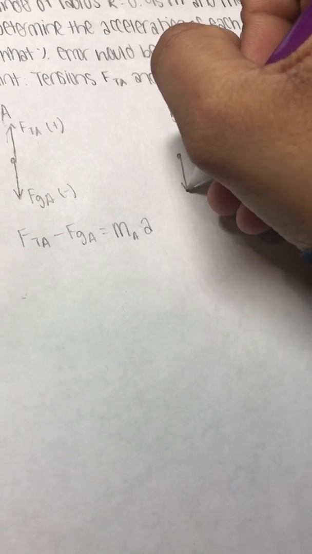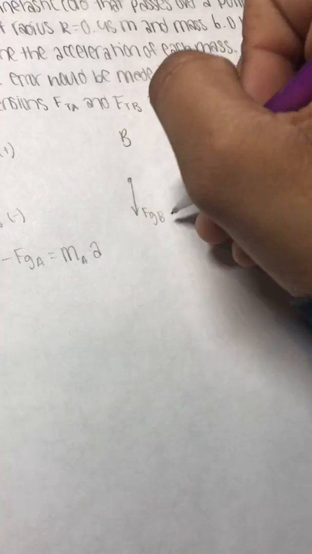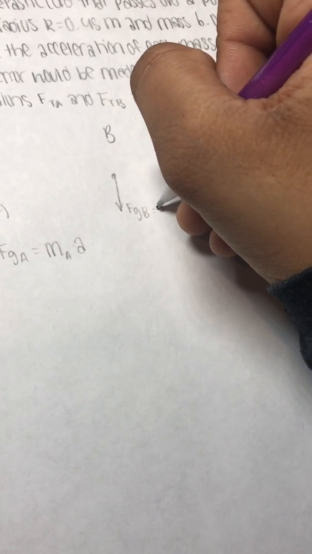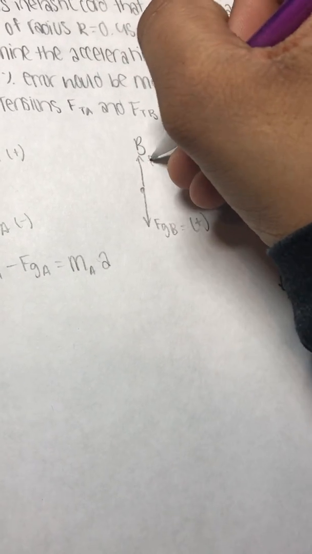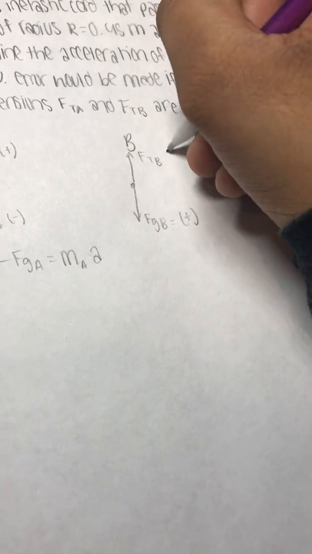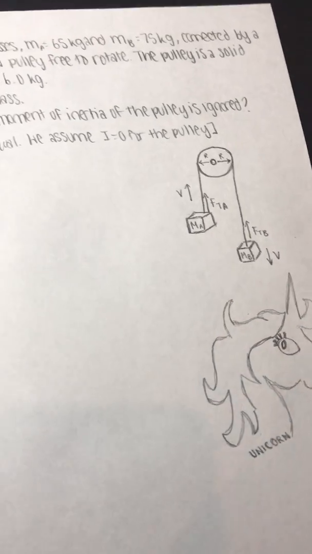So that's for A. Then when we have B, we do the same thing, except this time the force of gravity of B is going to be positive because the velocity is going down. And then when you go up for the force of tension, it's going to be negative. Once again, because the velocity is going down here.